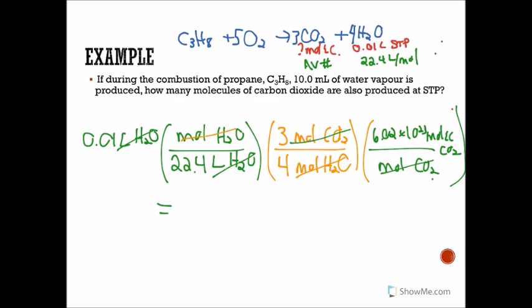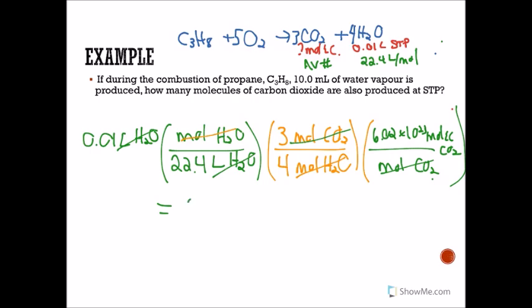10 to the 22. If we divide that by 22.4 and divide that by 4, we get 2.02, looking at my calculator, it says 2.0156.